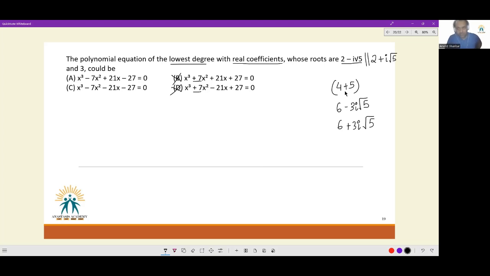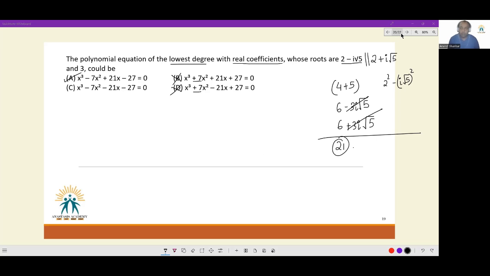This will be 4 plus 5, by mistake, because it will be 2 square minus i root 5 whole square. The square of this is minus 5, minus 5, which comes out to become plus 5. So this is what we get. These two terms will get cancelled. We are left with 6 plus 9 plus 6, which adds up to 21. So I should be getting 21. I should be getting 20. So it should be option A.